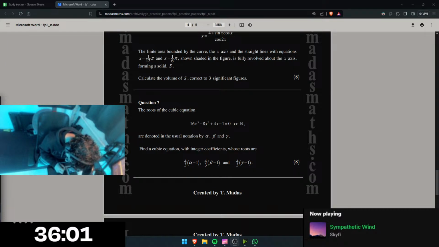It says bring everything into the brackets first and then we deal with it. Times everything by 4, so 27 y.